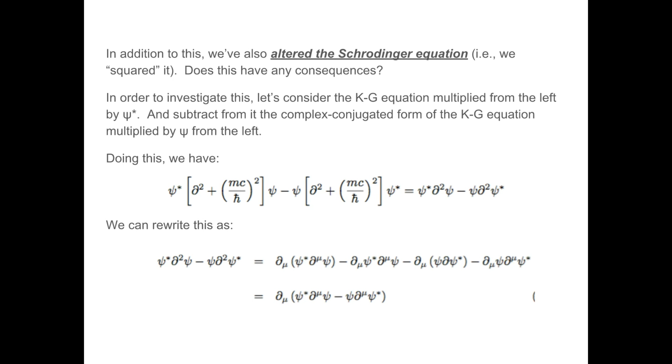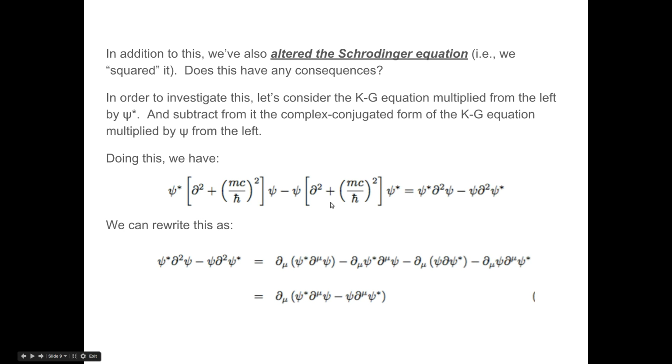Okay, so we follow the recipe. If you go back and look at how you got to this point, you'll see that you first take the Klein-Gordon equation, this piece right here, the first term. You take this term, which is the original Klein-Gordon equation, and multiply it from the left by psi star, or psi dagger if you want.